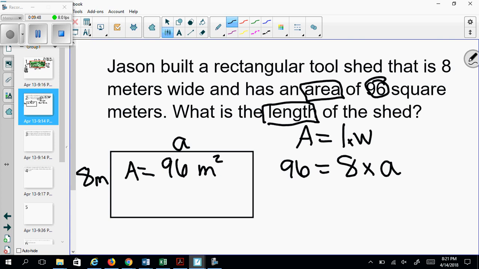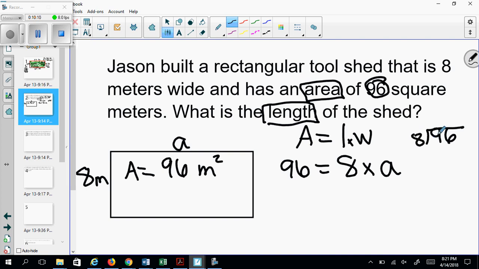Now, in order to find what A equals, we're going to need to divide, because I don't know off the top of my head what number times 8 is going to equal 96. So the opposite of multiplication is division. I'm going to do 96 divided by 8.